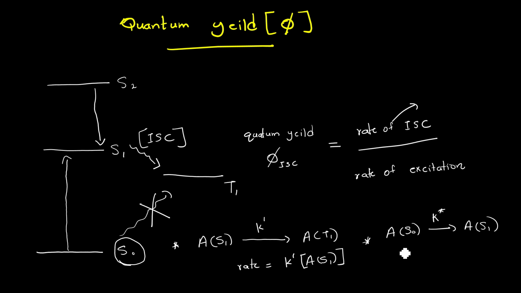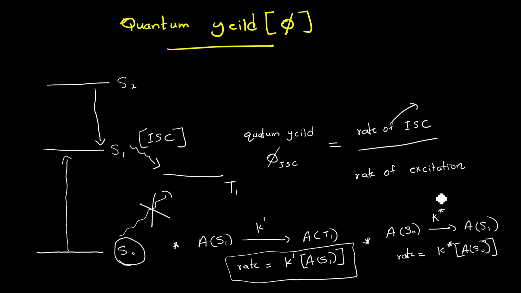I hope you know how to write the rate expression: the rate is k star times the reactant concentration, here the ground state A. So you substitute the rate of the specific process we are looking at, in this case the intersystem crossing, and we have obtained the expression: the rate of intersystem crossing over the rate of excitation.